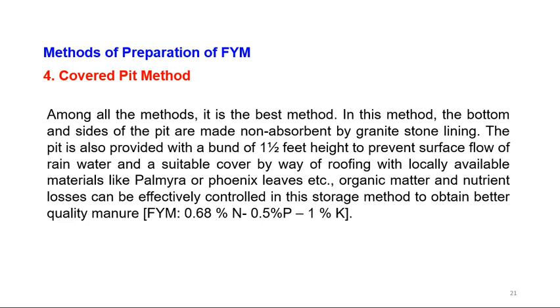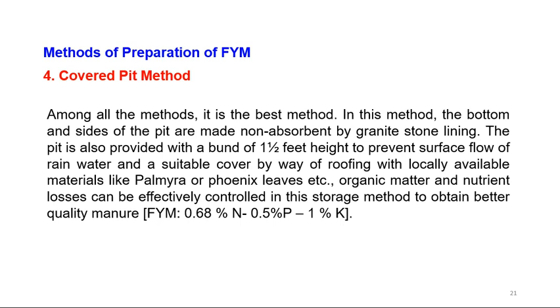Now among all the methods, the best method is the covered pit method. In this method, the bottom and sides of the pit are made non-absorbent by granite stone lining.